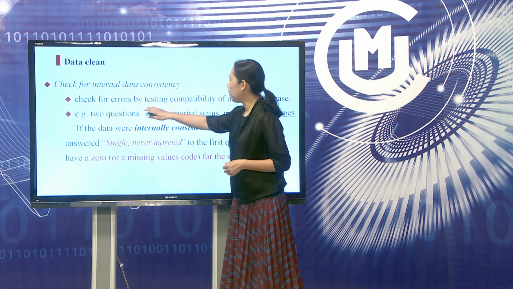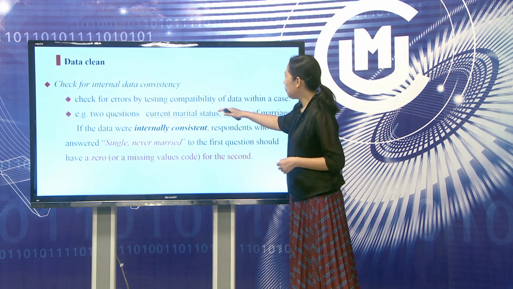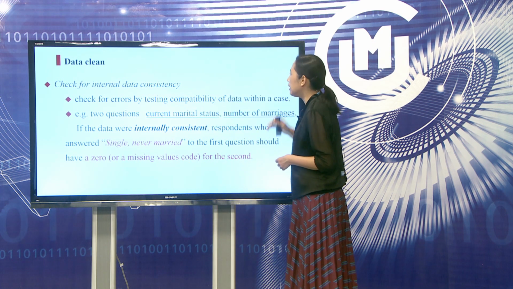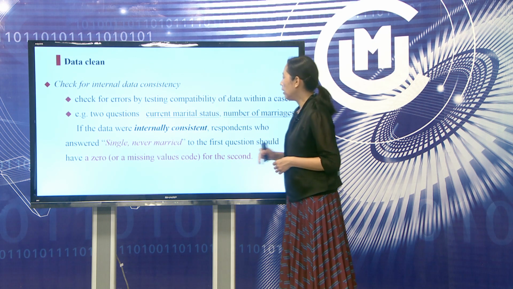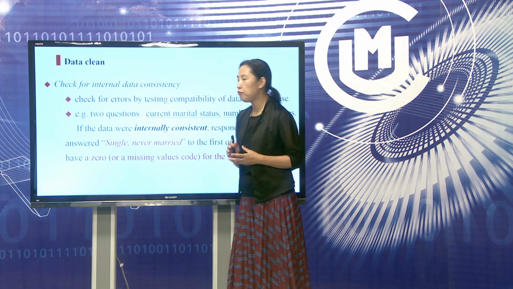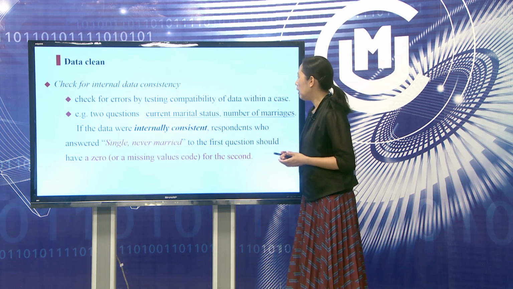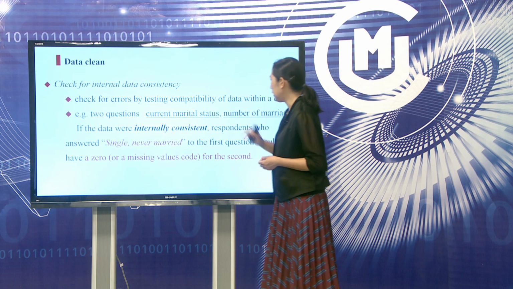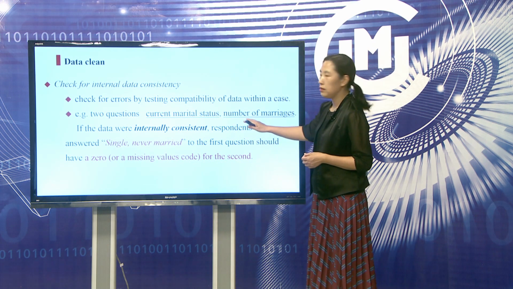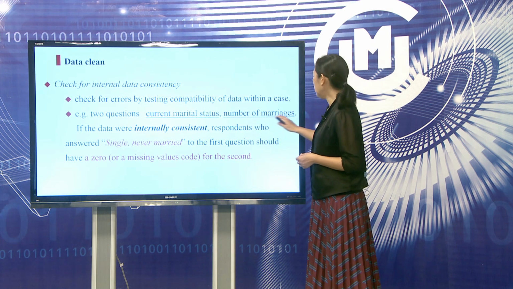You need to check for errors by testing compatibility of data within a case. For example, there are 2 questions in one form. The first one asks the subject about their current marital status. And the second question asks the number of marriages.